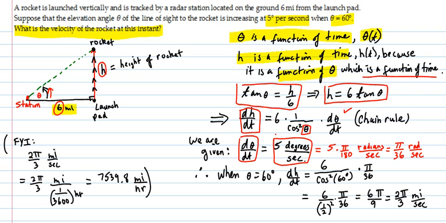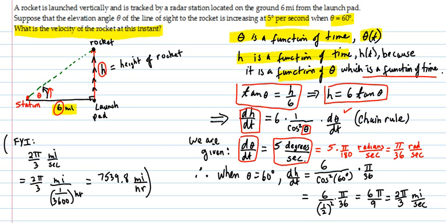Now we have to change the degrees into radians, and that is because the units don't all cancel out and work out to miles per second if you have a degree unit in there. Radian measure is unitless. There are no units to a radian, so it's like transparent.